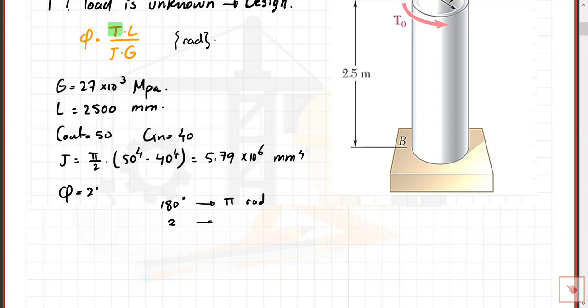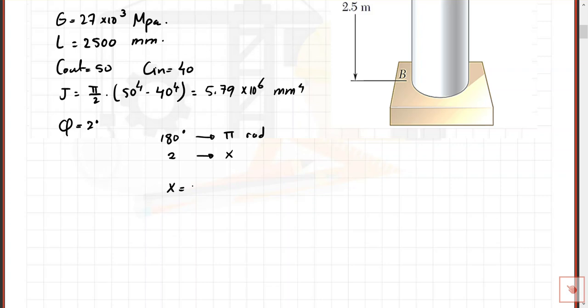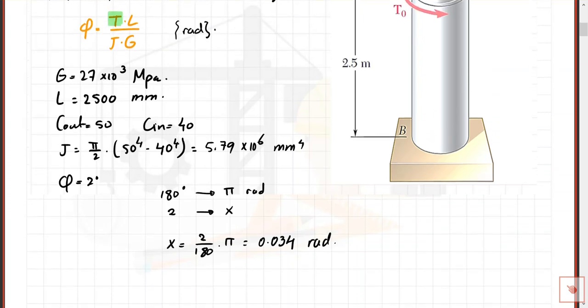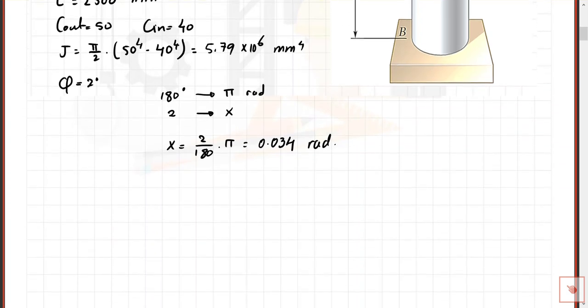So we have 2 and we need x, so x is equal to 2 times pi divided by 180. The answer is 0.034 radian.